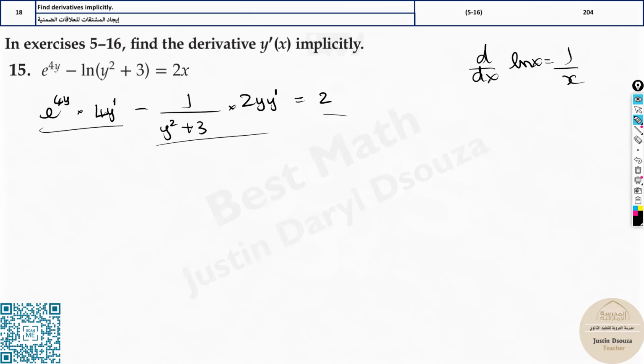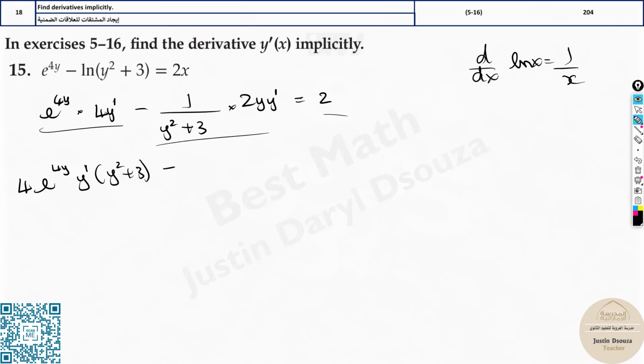So this is one term, one term, one term. Let's multiply the other two terms by y squared plus 3. So here, what's going to happen? 4, I'll write it first, e to the power 4y, y prime. This is all multiplied by y squared plus 3.